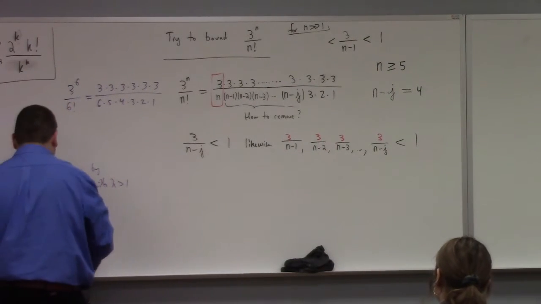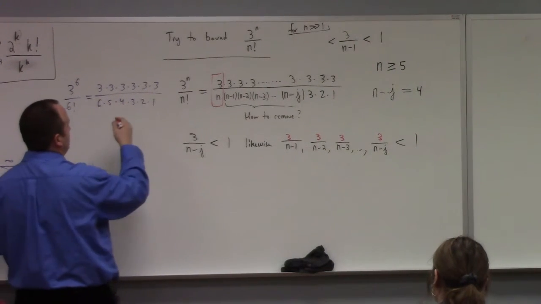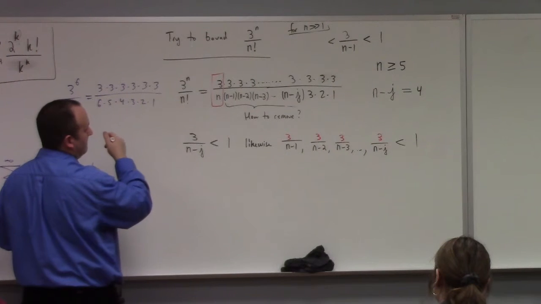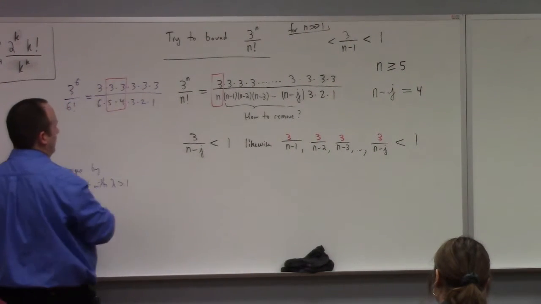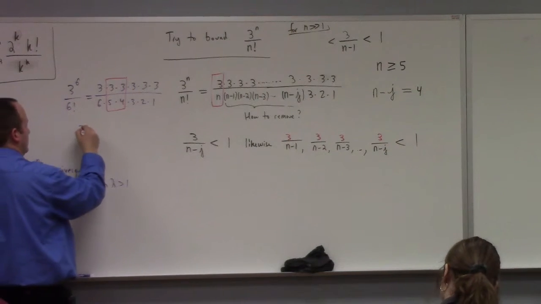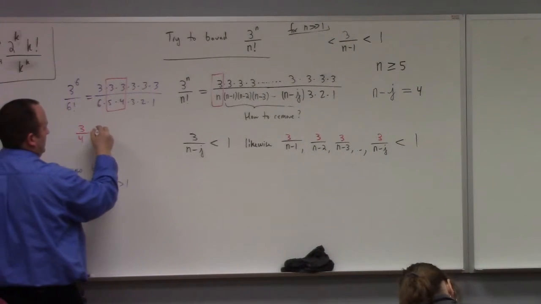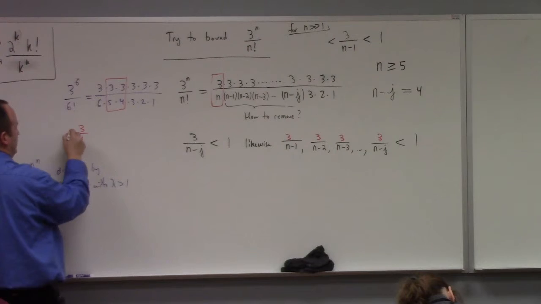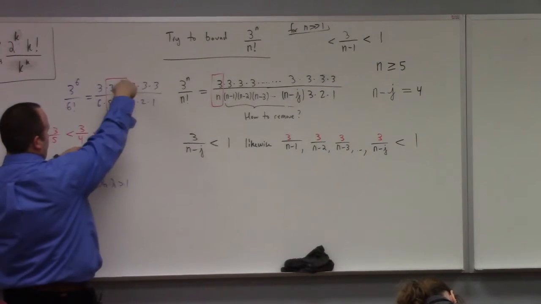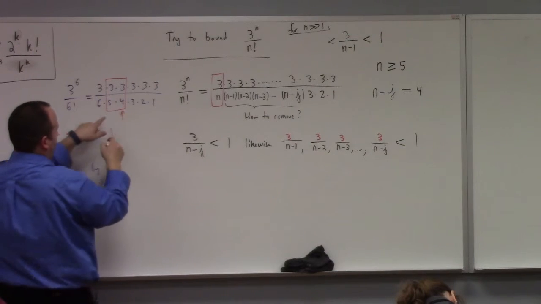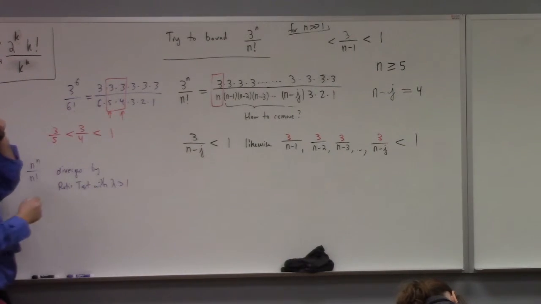So I'm focusing here on the middle, these guys. So I'm saying 3/4 is greater than 3/5. In other words, if this one's less than 1, it follows that that one's less than 1.